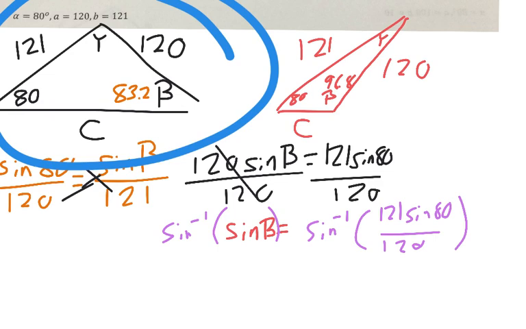Again, I would still use this ratio, the one that was given to me. Don't go with the one that I rounded to find 83.2. Use the ratio that was given. So sine 80 over 120 equals sine of 16.8 over C.